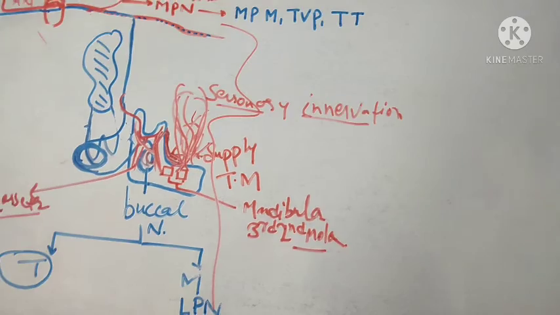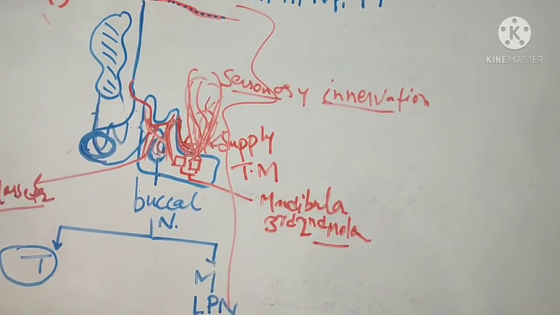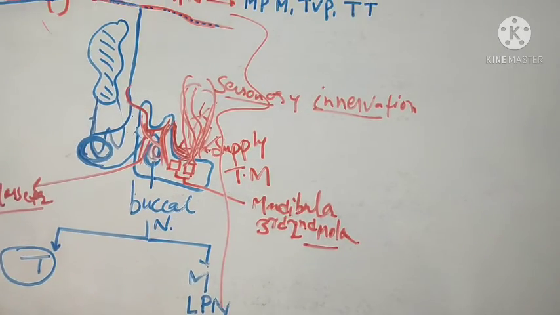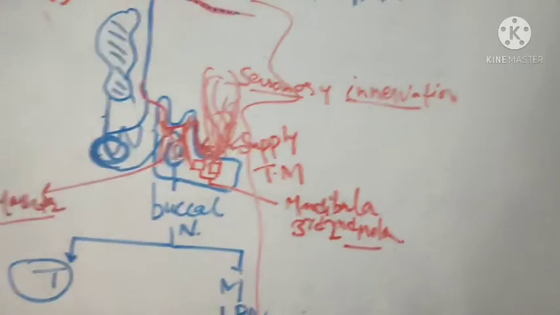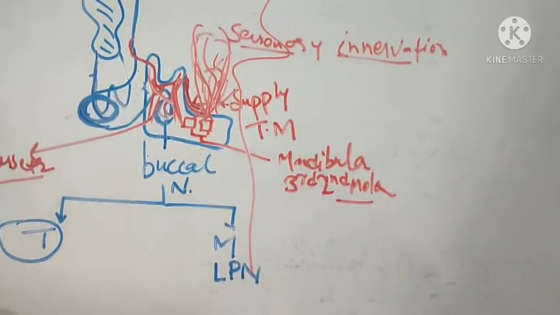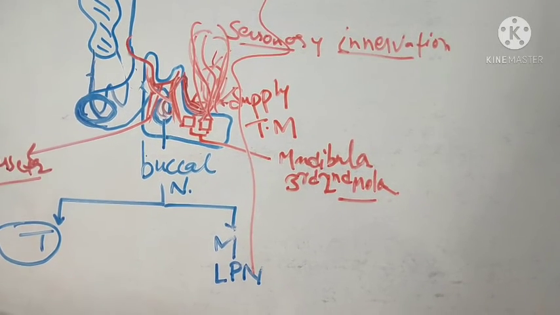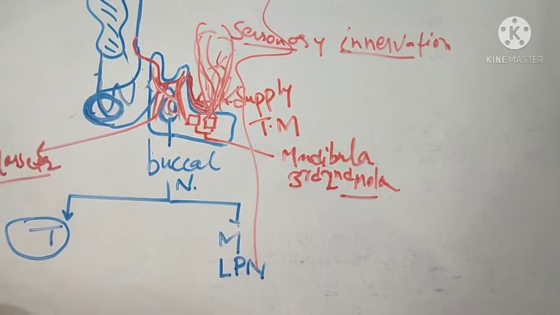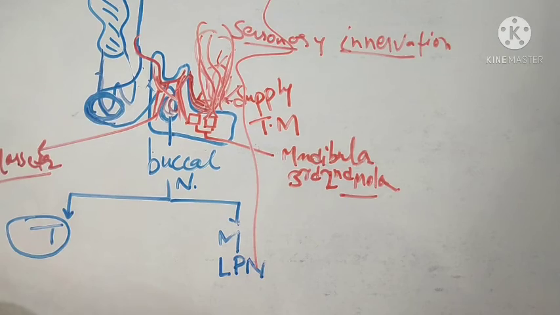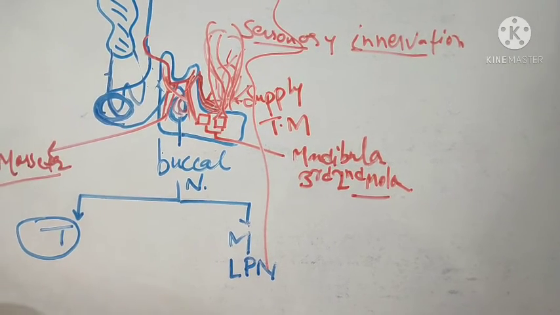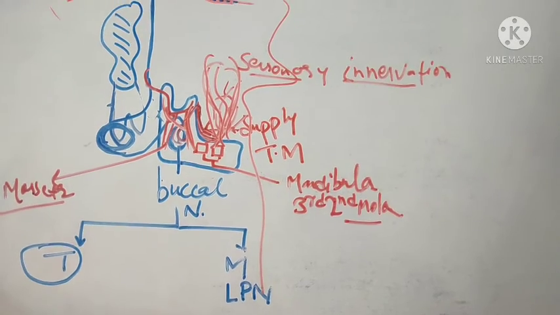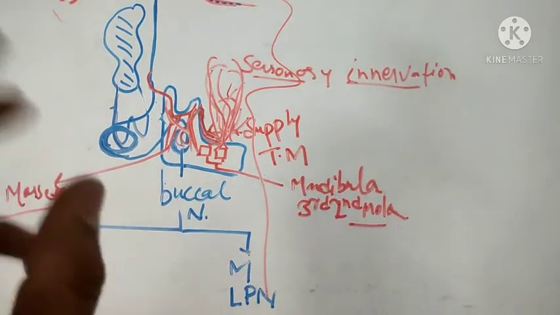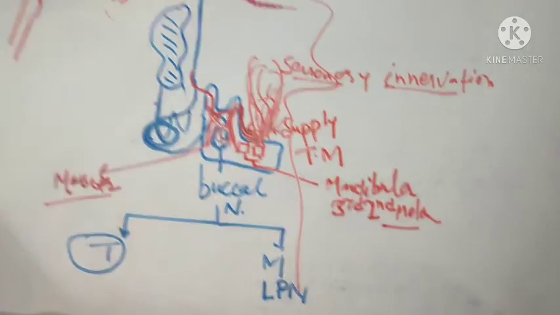It emerges on the anterior border of the ramus of the mandible and will supply the temporalis. So this is called the temporalis, and this whole is called the buccal nerve.